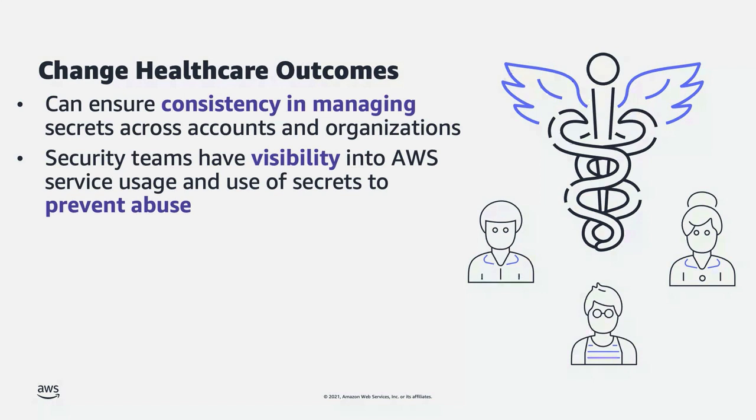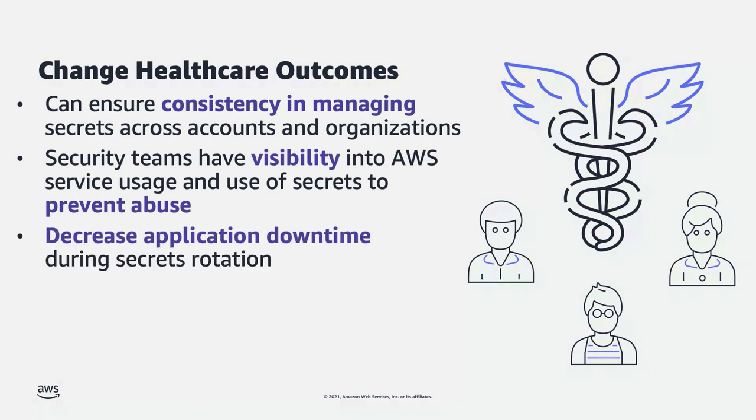So this did help security teams increase the visibility into the AWS service usage and use of secrets, as well as help them prevent any suspected abuse and detect any non-compliant resources that they had in their account. This was also going to allow security teams to prevent keys from being modified or disabled so that they could limit the scope of impact from any adverse events.